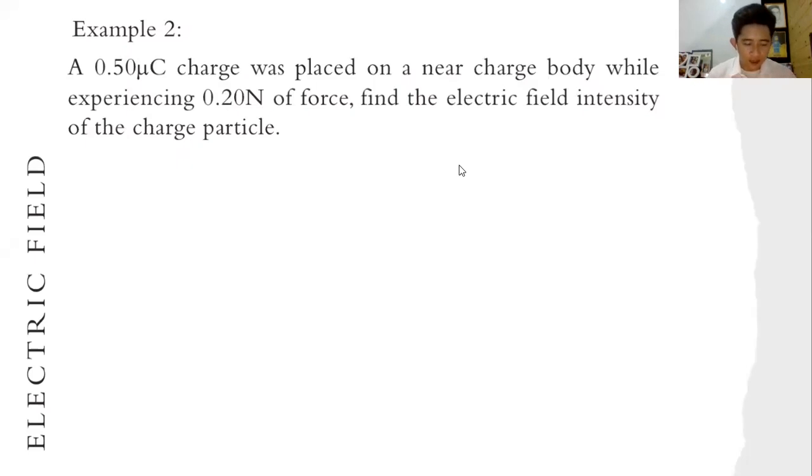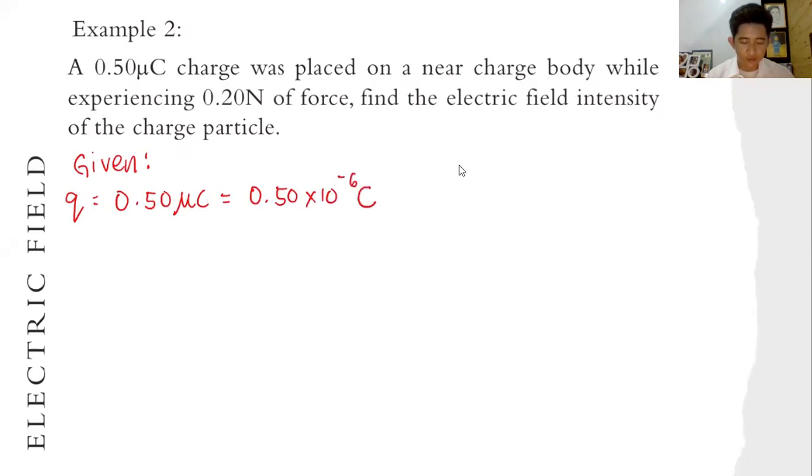So here we are given a charge equal to 0.50 microcoulomb, where it is equal to 0.50 times 10 raised to negative 6 coulomb. And we have the force, which is equal to 0.20 newtons. So our electric field intensity is equal to the force divided by the charge particle.